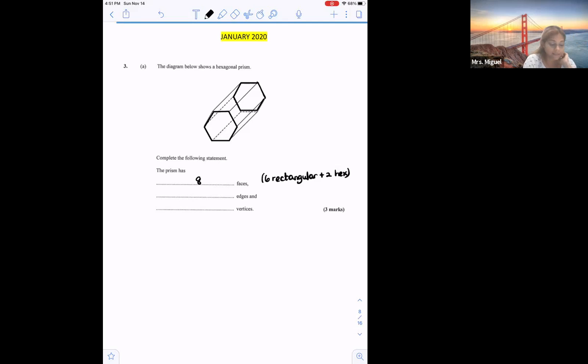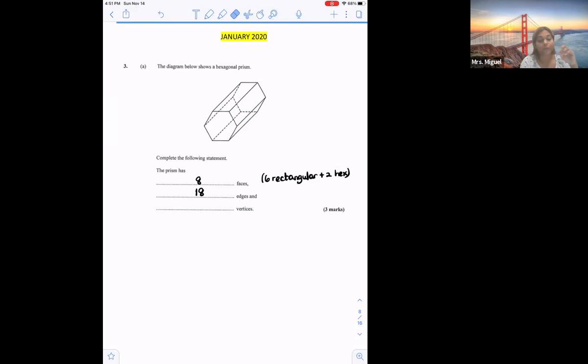So that is 6 plus 6. We're not finished yet. We have an edge here: 1, 2, 3, 4, 5, 6. So we have 6 plus 6 plus 6 is 18 edges. So in this prism, we have 18 edges.